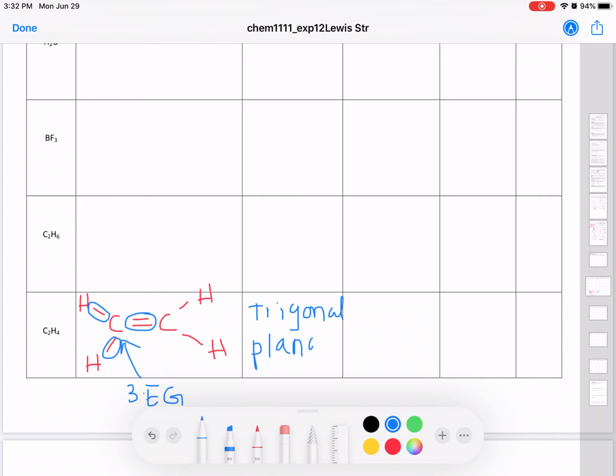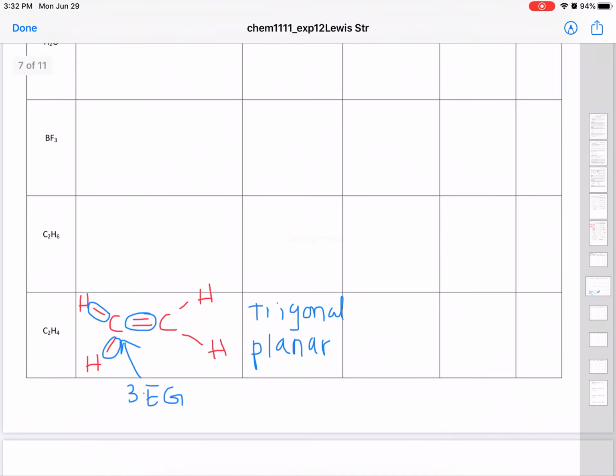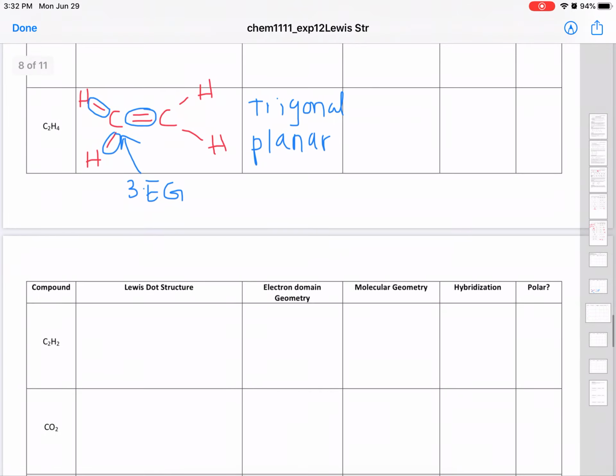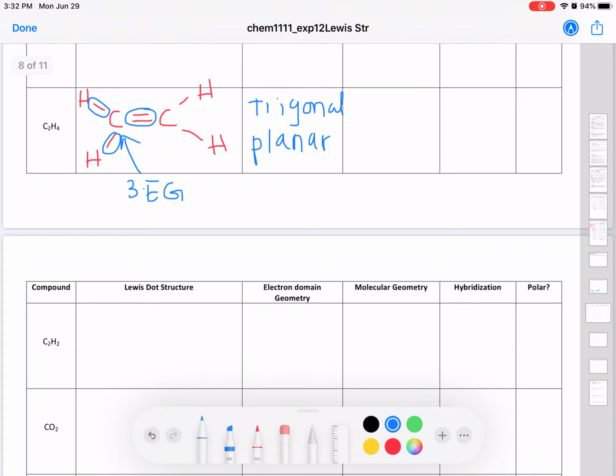And then the molecular geometry also would be trigonal planar. And then the next thing is hybridization. When you have 3 electron groups, you can refer to the chart, that is sp2.